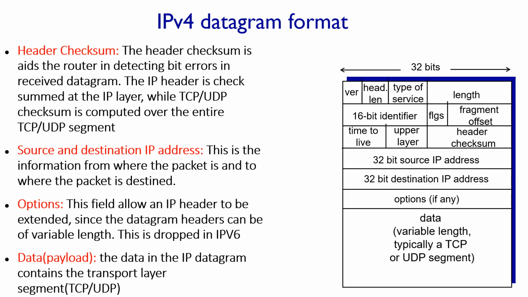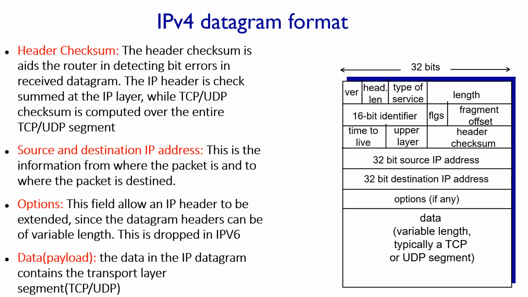The options field allows the IP header to be extended with some additional values. As I said in the first slide, it stores different values and those values are optional. This field is omitted in IPv6. This field makes the IP datagram header variable length.